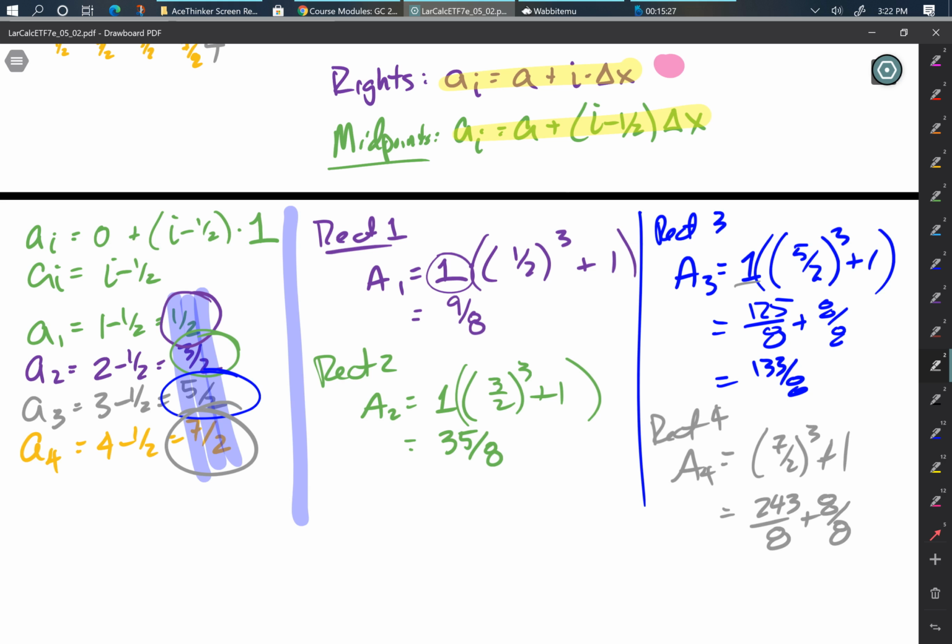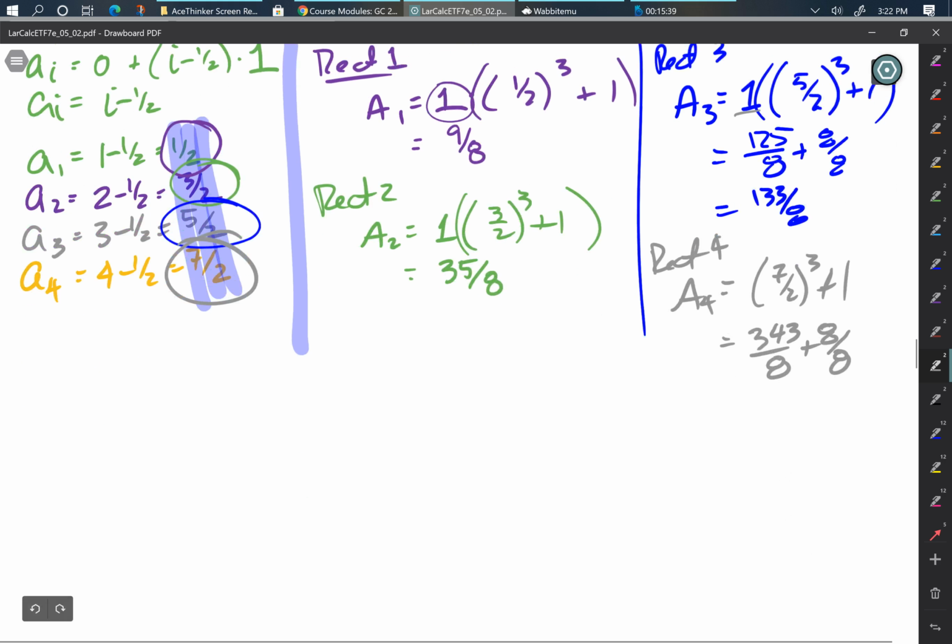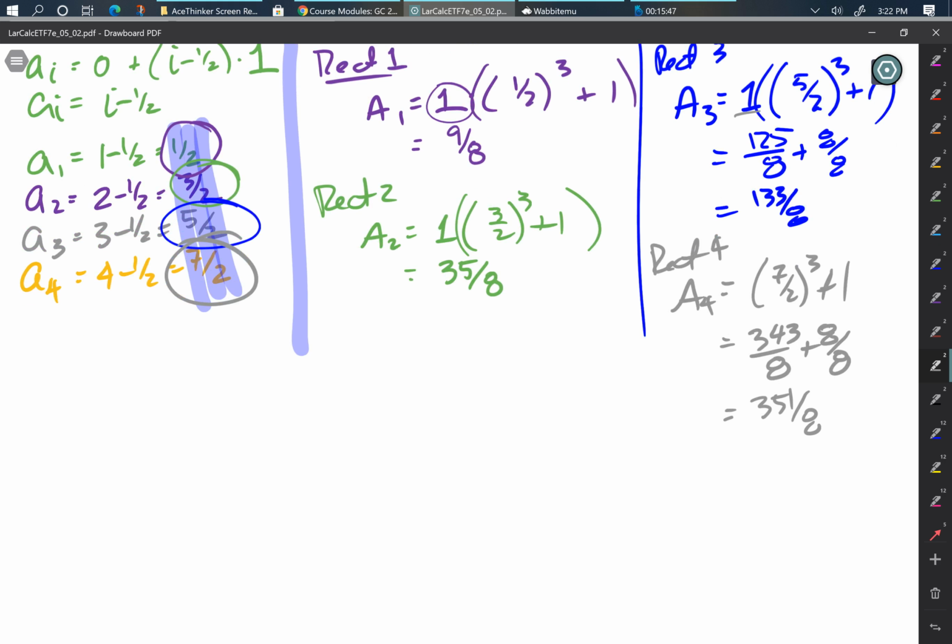Okay. 243 plus 8. Wait, something's bothering me. It's not 243. 7 cubed is 343. Jeepers creepers, come on. All right, so 343 over 8 plus 8 is what? 351 over 8.